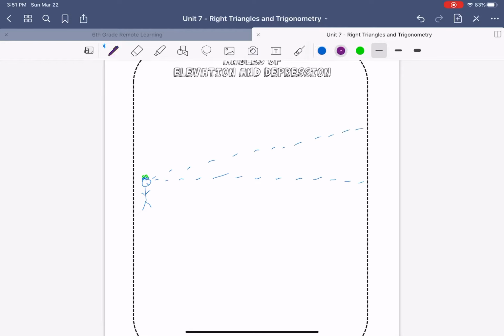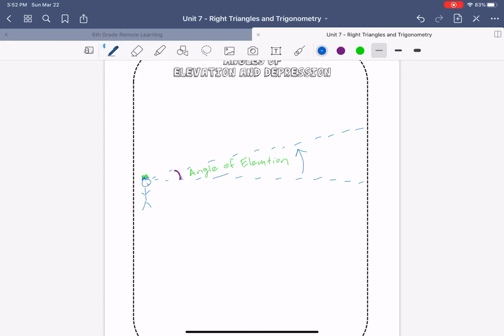Okay, so this right here, this angle that has been created from our default up to the airplane or the top of the tree or the hot air balloon or whatever that's above us, this is an angle of elevation. Okay, so it's from your default horizontal looking upward. All right, so we're looking up. That is our angle of elevation, okay?